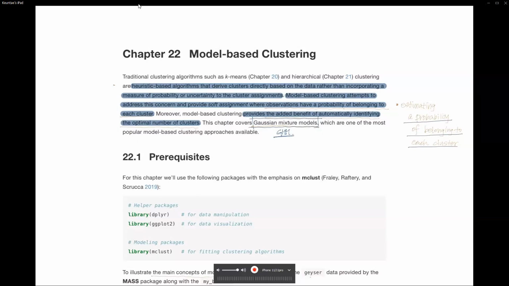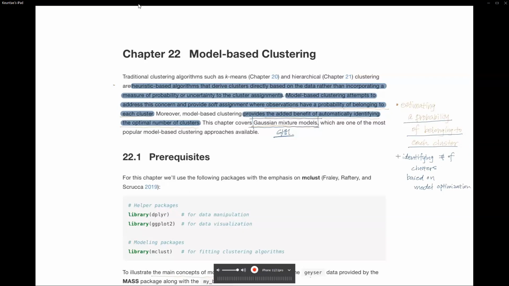At the same time, this kind of approach also allows us to identify the number of clusters based on model optimization.